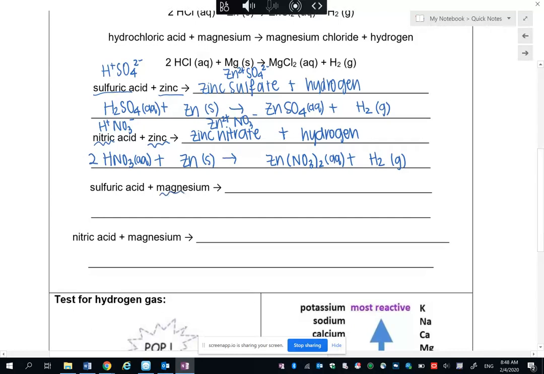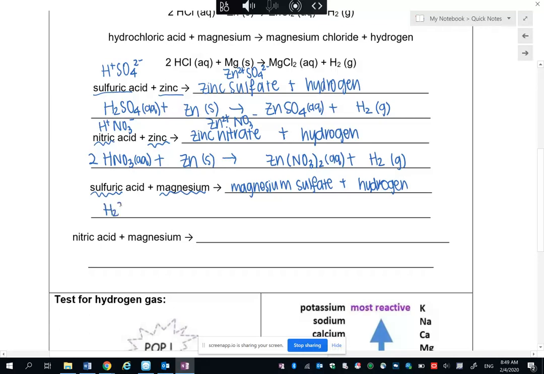Next one, magnesium and sulfuric acid. Okay, so you get magnesium sulfate plus hydrogen. Okay, next, then you write the formula.